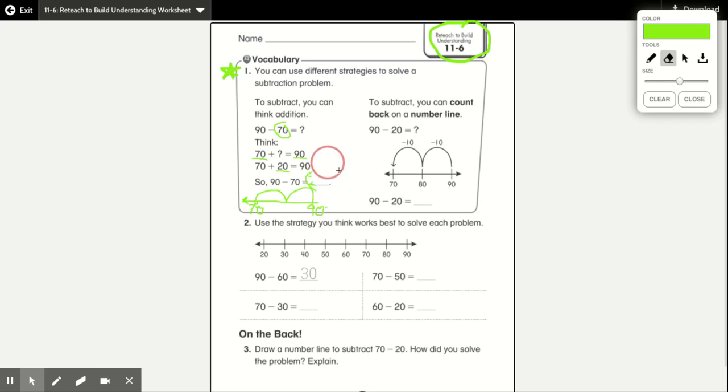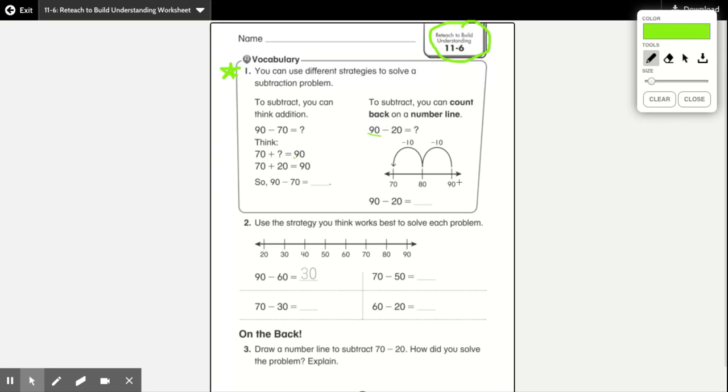Okay, but then they also gave us a different way to do this. To subtract, you can count back on a number line. 90 minus 20 equals blank.